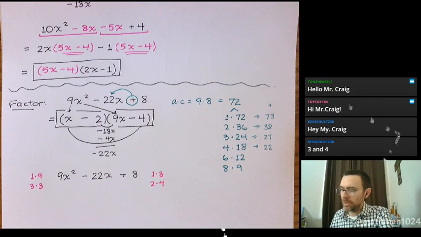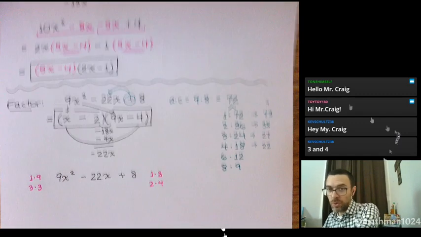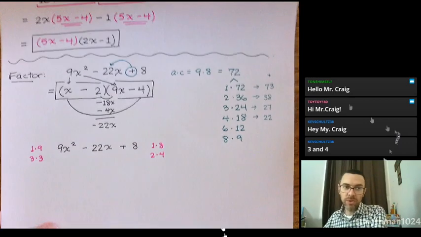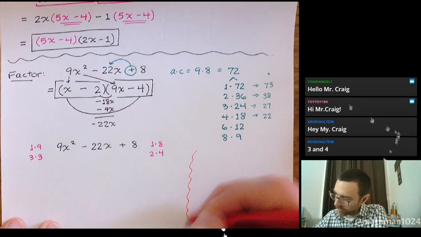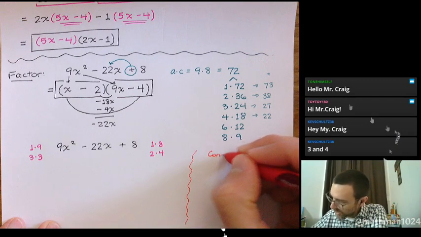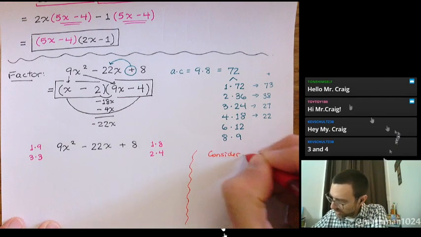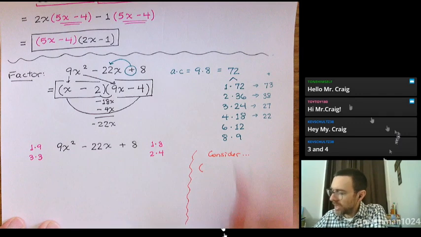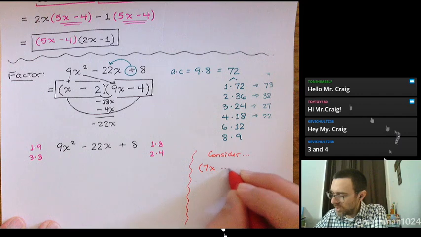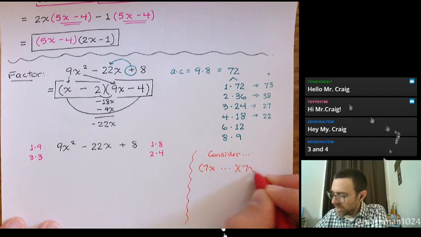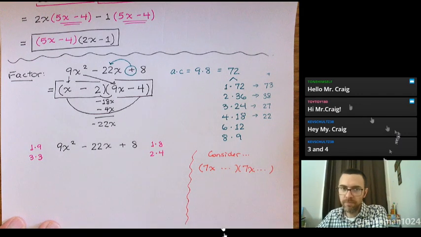Now, just off to the side, I want to give you a heads up for how what we're showing here works, and what the logic really means. So I just want you to consider the following. If I have something like 7x and something times 7x and something.